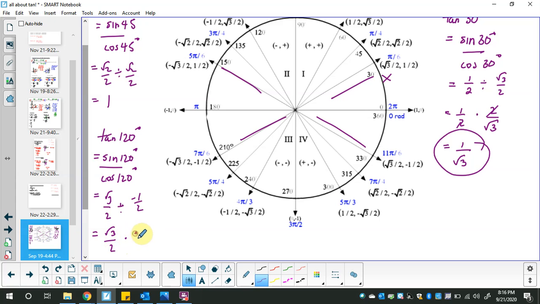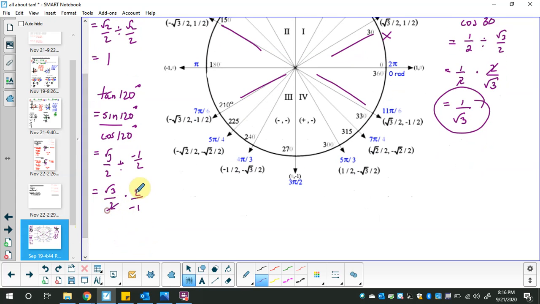Flip and times. Doesn't matter where the negative goes. The 2's will cancel out, and you'll be left with root 3 over 1, but it's negative. So everywhere I have a tan 120, I put a negative root 3. Everywhere I have a tan 45, I put a 1.